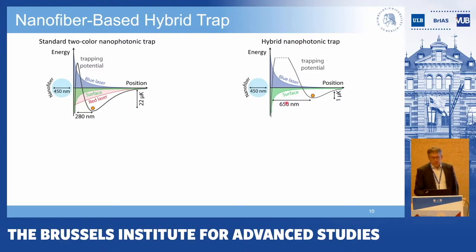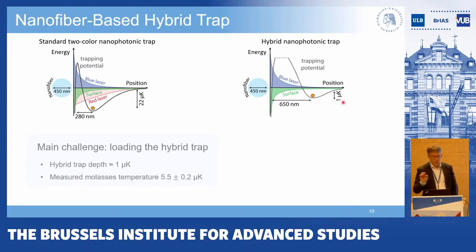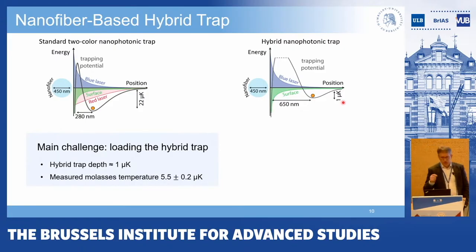When you replace the red light only by the surface forces, then you would expect to trap the atoms at 650 nanometers from the fiber, and the depth is on the order of a microkelvin, and that is a problem. Because we have very sophisticated methods of laser cooling atoms, and they get you to unbelievably low temperatures of, say, 5 microkelvin in our case, but this is still 5 times too hot for this trap to be loaded directly from these atoms, okay?